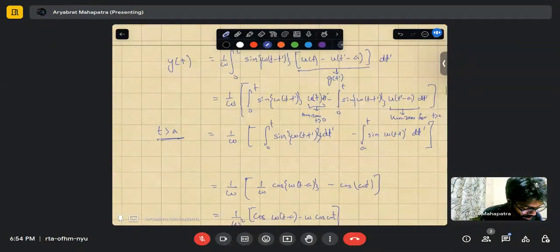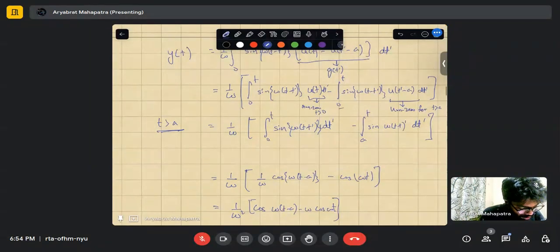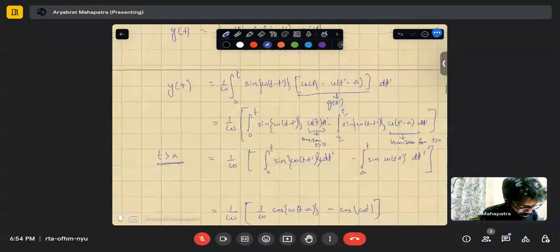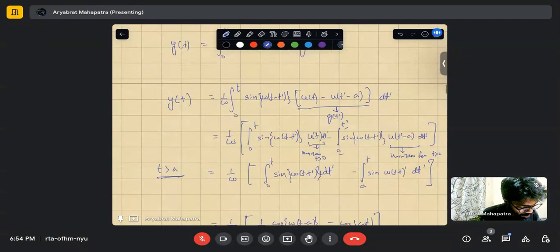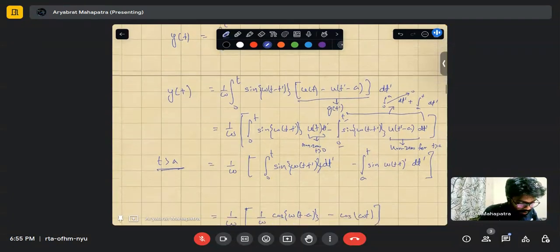But you will see that we are integrating from 0 to t. So from 0 to a, and then from a to t. I should have been a bit more specific in this part. So you can split this integral from 0 to a dt prime, plus a to t dt prime. This integral will be 0, because I'm picking t greater than a.